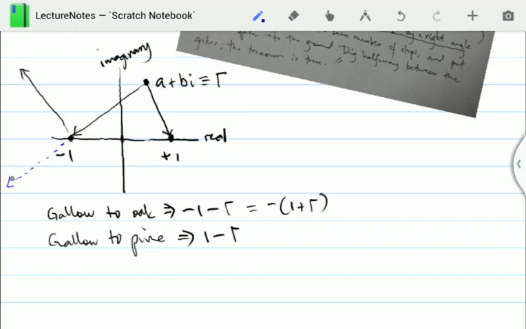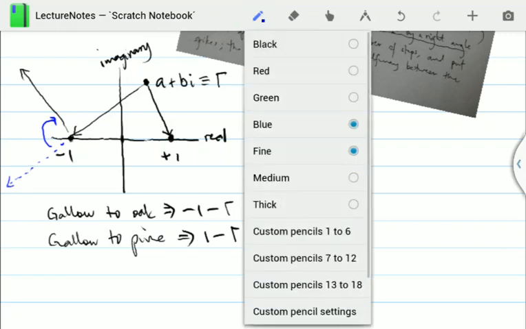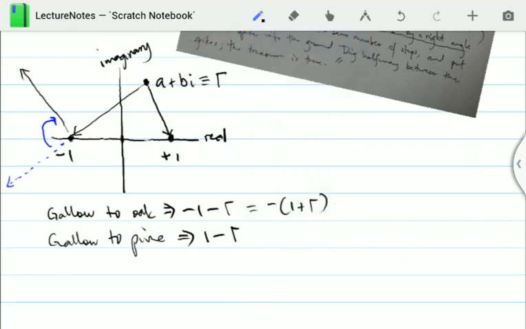Okay, and turning right is equivalent to rotating it clockwise. So in other words, turning right is equivalent to multiplying it by the number minus i, because clockwise is the opposite of counterclockwise.